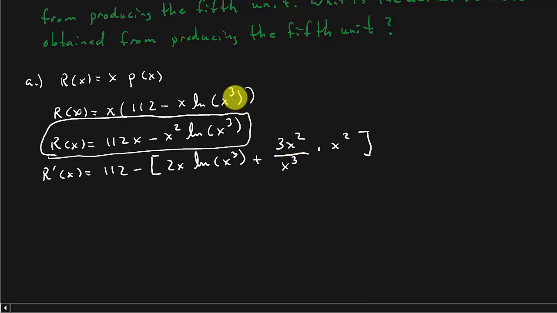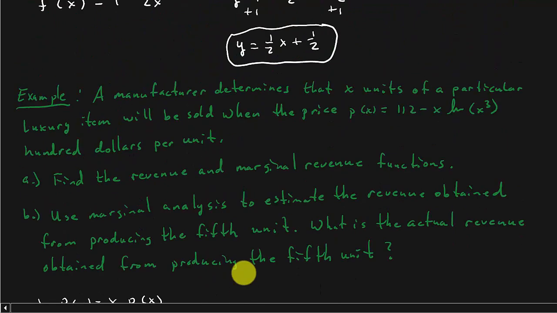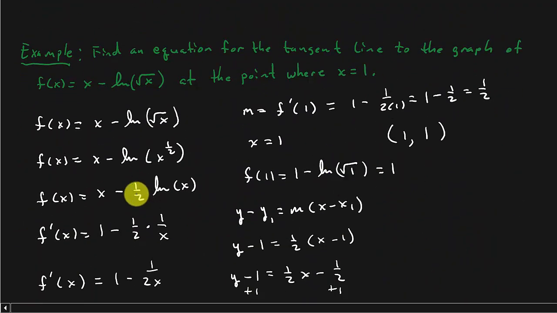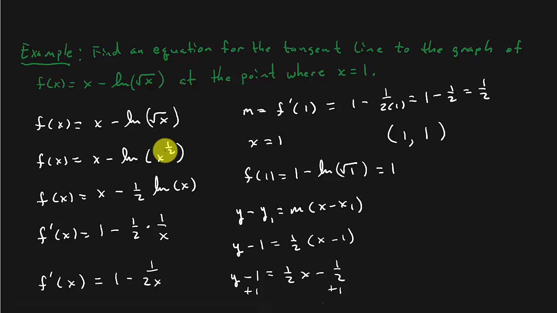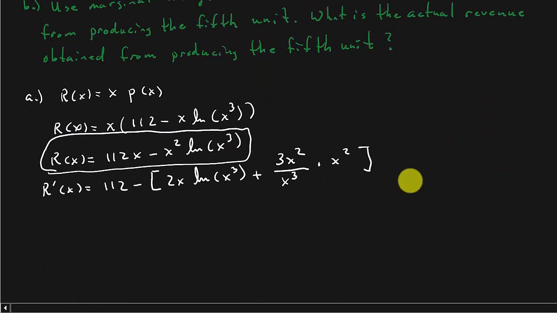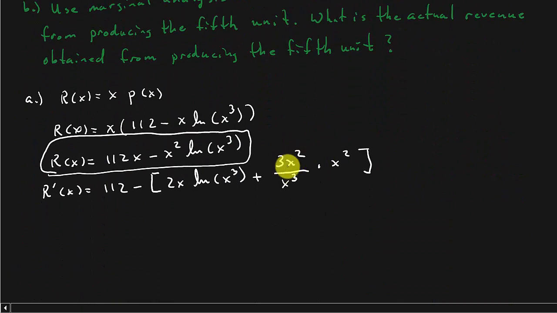But if you want to throw the 3 down in front like we did throwing the 1/2 down in front, then that's fine. I typically just take this exponent, throw it down in front like this if it's a fraction. But if it's an integer, I just leave it up there, because this is easy to simplify.